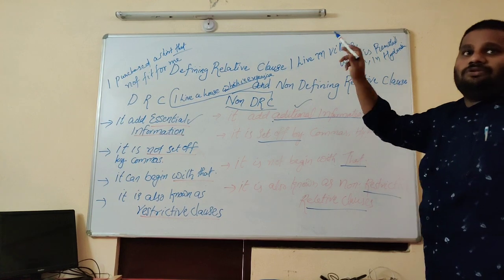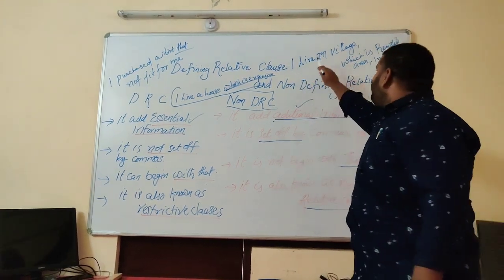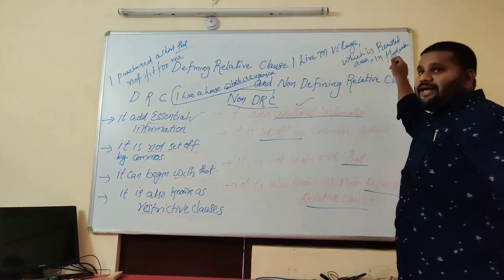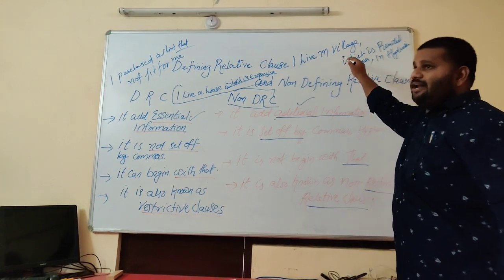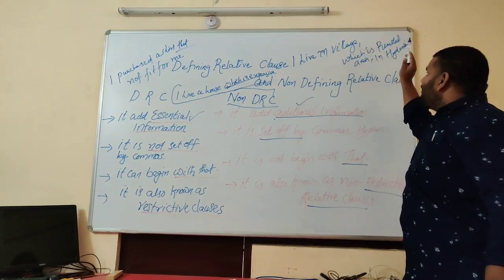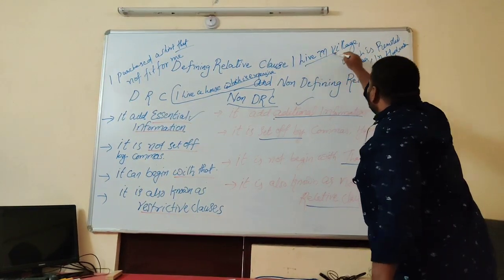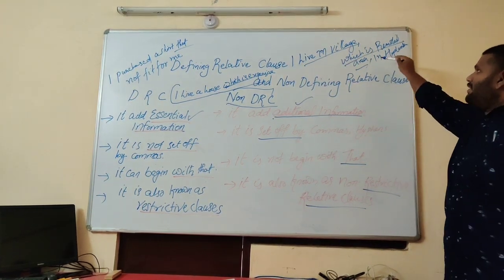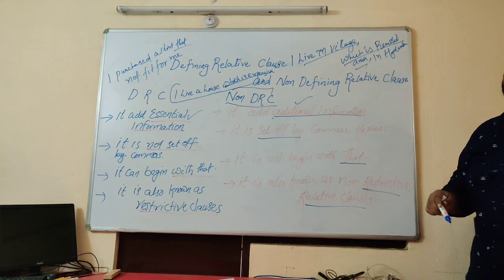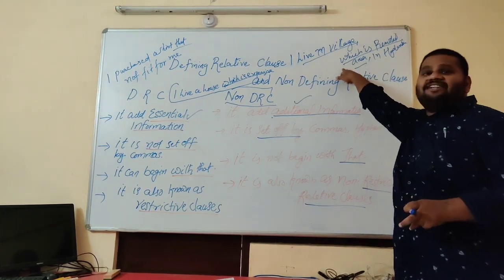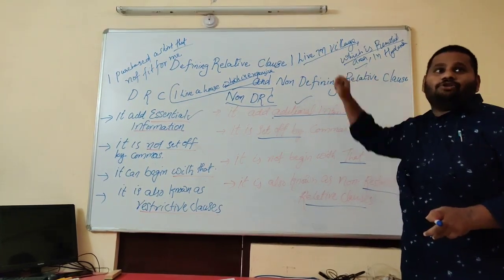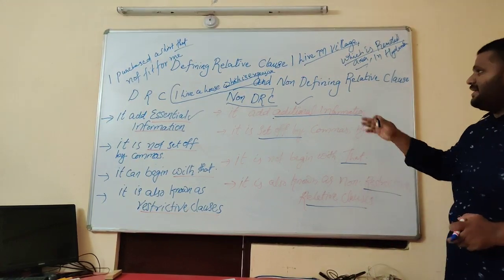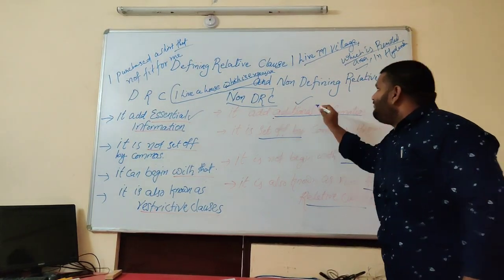Here I have divided the sentence with commas: the first comma after village, the second comma after remote area, and then in Hyderabad. So I have added additional information related to that sentence. You must understand that it adds additional information.